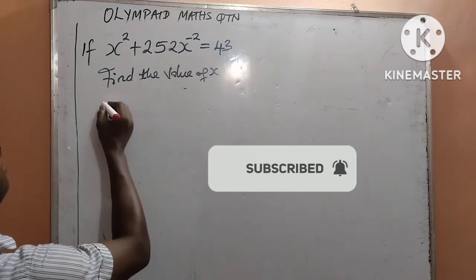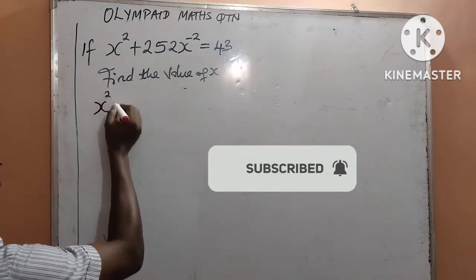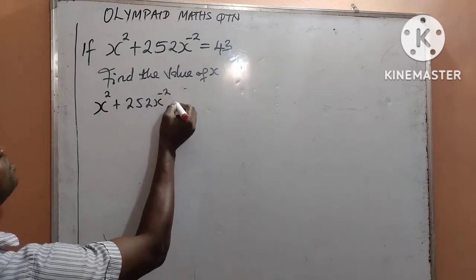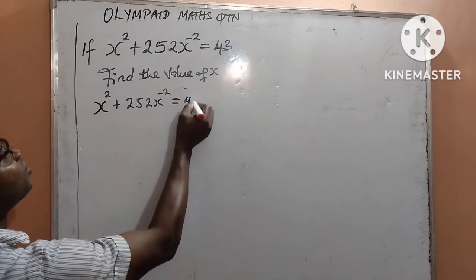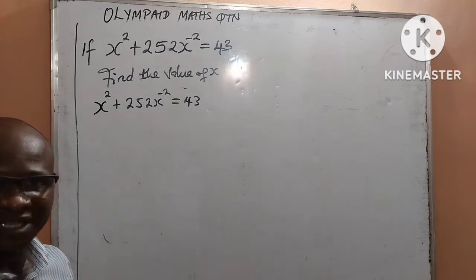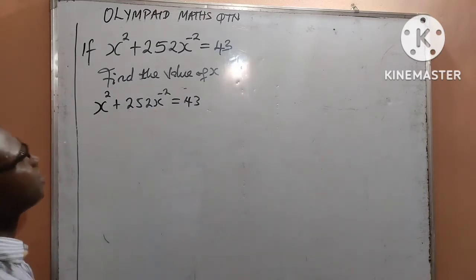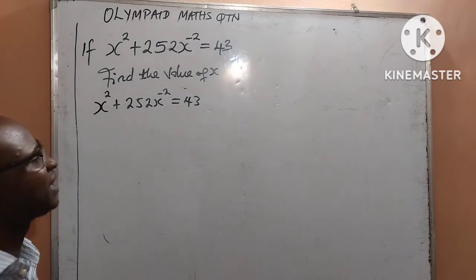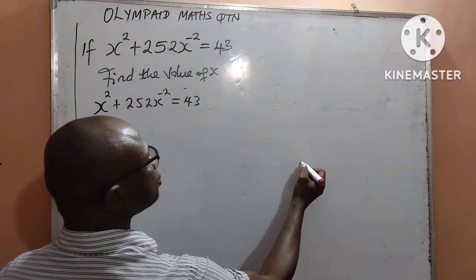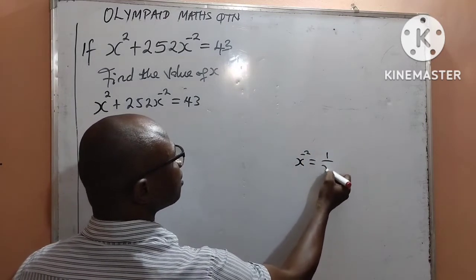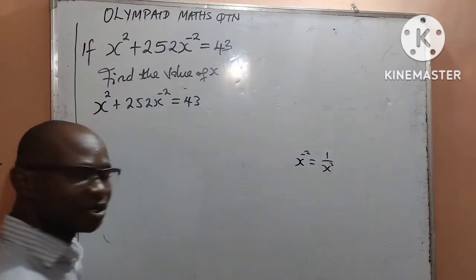Now, the question is: given that x to the power 2 plus 252 x to the power negative 2 is equal to 43. The first thing I am going to do is work on this expression, 252 x to the power negative 2. I want you to see that x to the power negative 2 is equal to 1 all over x to the power 2.